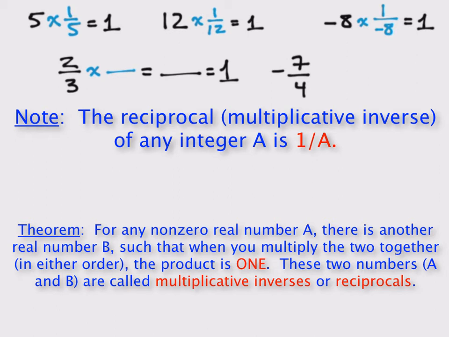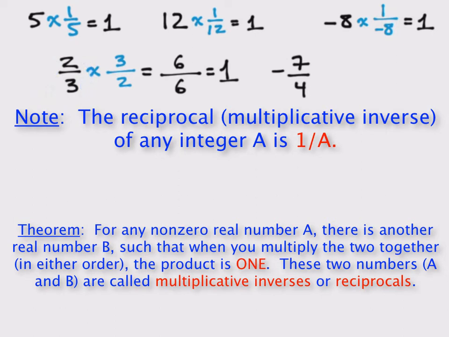If I multiply 2 by 3 and multiply 3 by 2, then we'll end up with 6 over 6. And 6 over 6 is the same thing as 1. So the multiplicative inverse of 2/3 is 3/2. Interestingly, all we needed to do was switch the numerator and denominator to find that reciprocal.